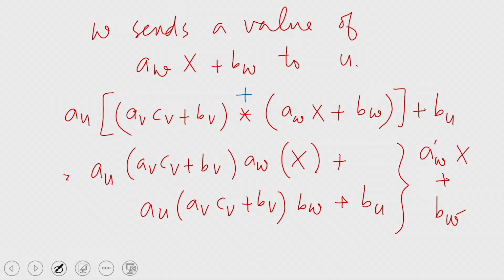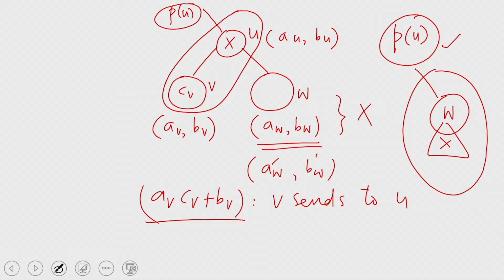The only difference is that the multiplication here is replaced with addition. And then if you look through the expression, you can find that we can still find AW prime and BW prime, so that the label of node W can be replaced with AW prime BW prime, so that the value which reaches P of U is still exactly the same.